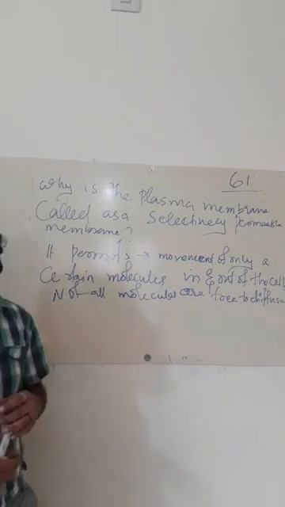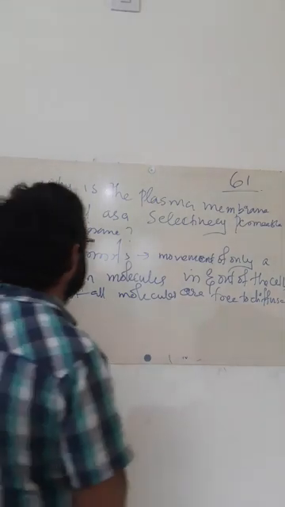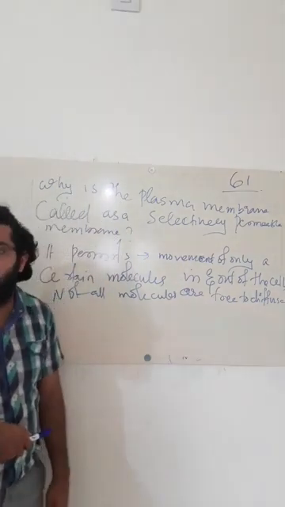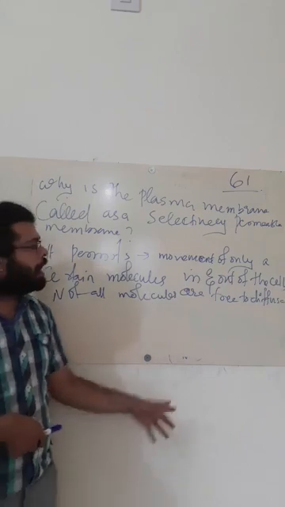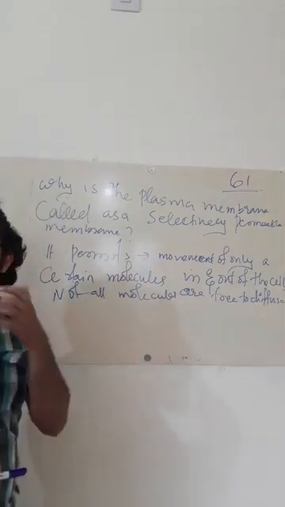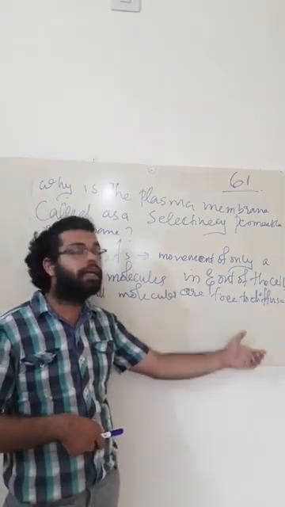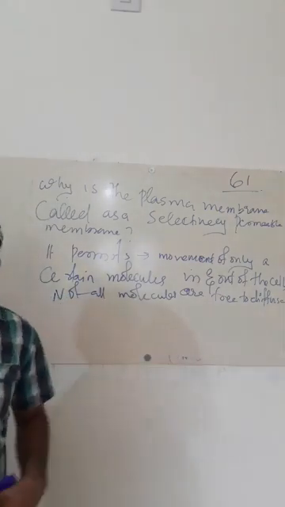And in eukaryotes, the nuclear region is well defined and surrounded by a nuclear membrane.